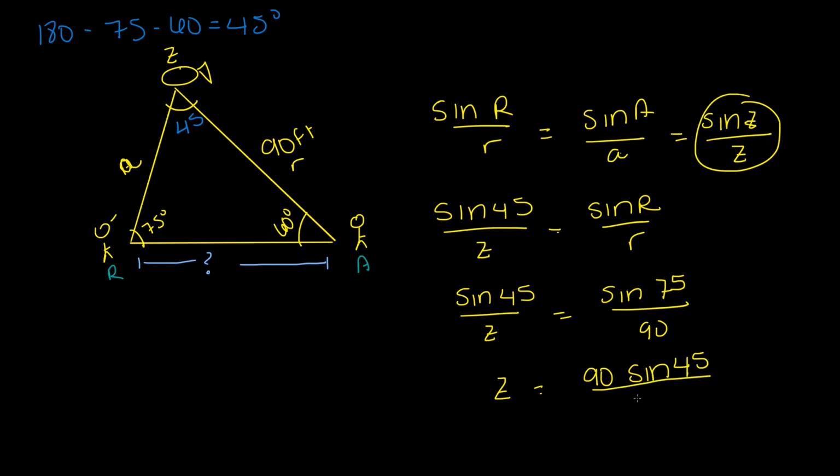So I'm going to use a handy dandy calculator. The side z, this guy right here, is going to equal roughly 65.9 feet. We need to round to the nearest foot, so that's going to be 65.9 feet.